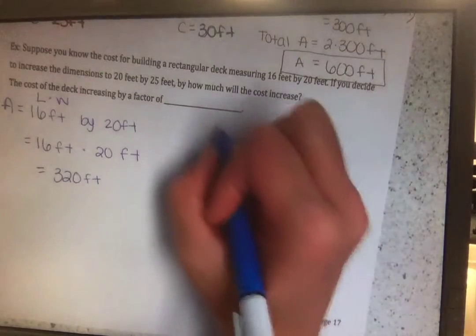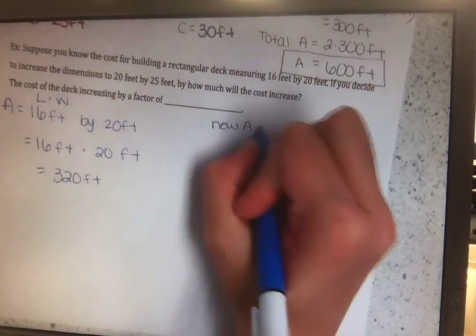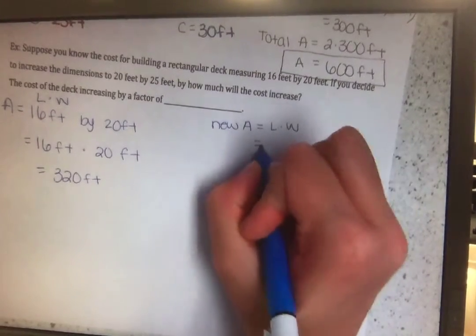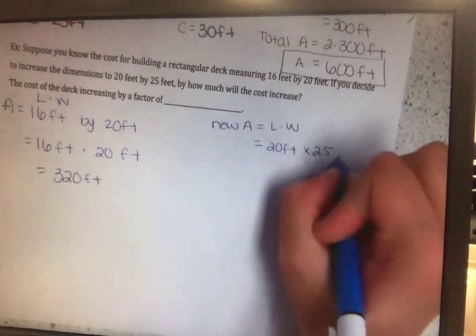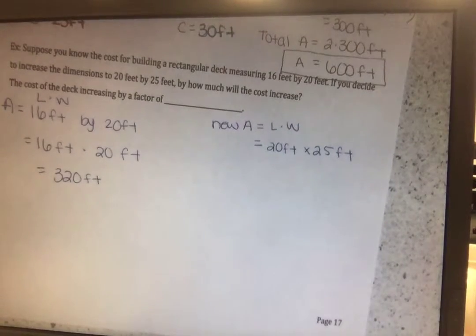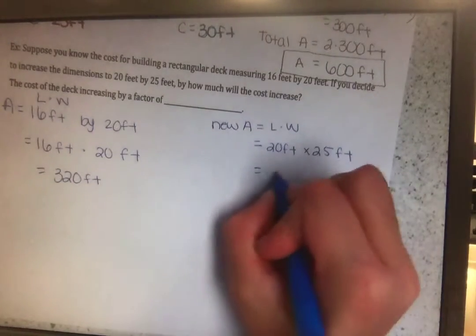Our new dimensions, again, is length times width. So now we have 20 feet times 25 feet, which will give us 500 feet.